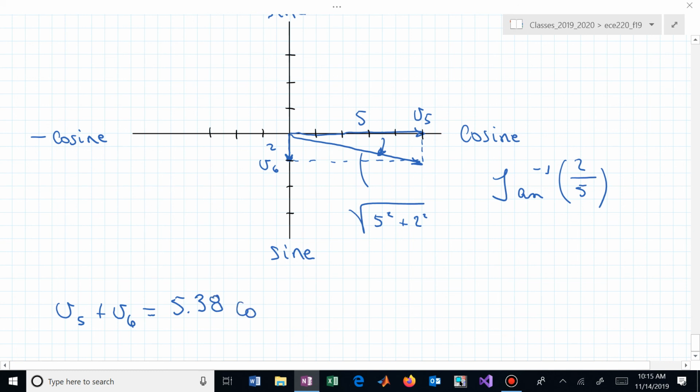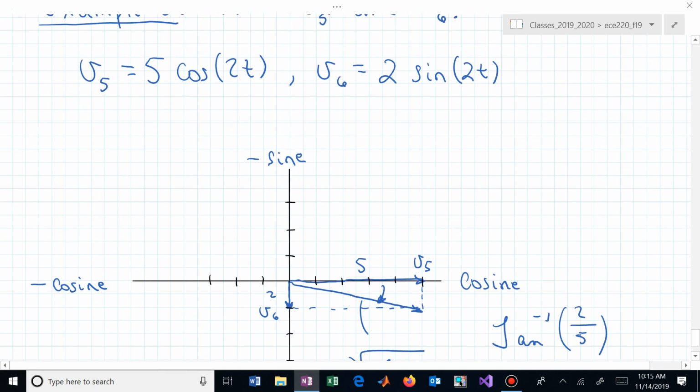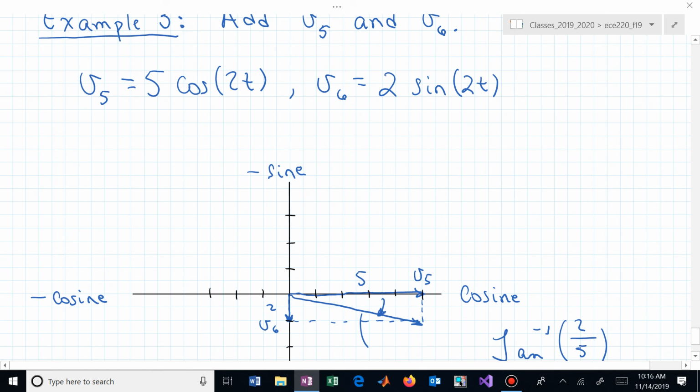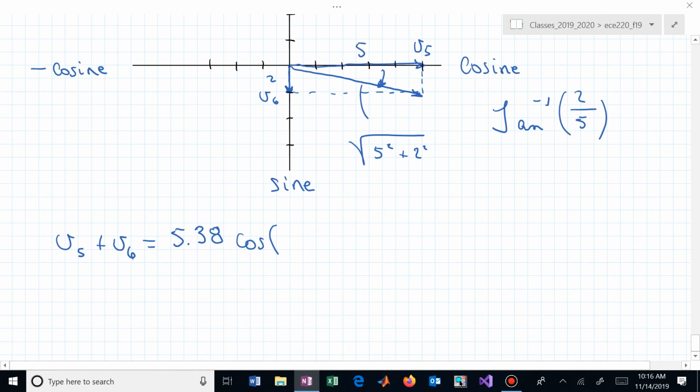5.38 cosine. What's the frequency? That's not changed. That's 2 times t. And our angle was minus whatever this angle ends up being, and that ends up being about minus 21.8 degrees.